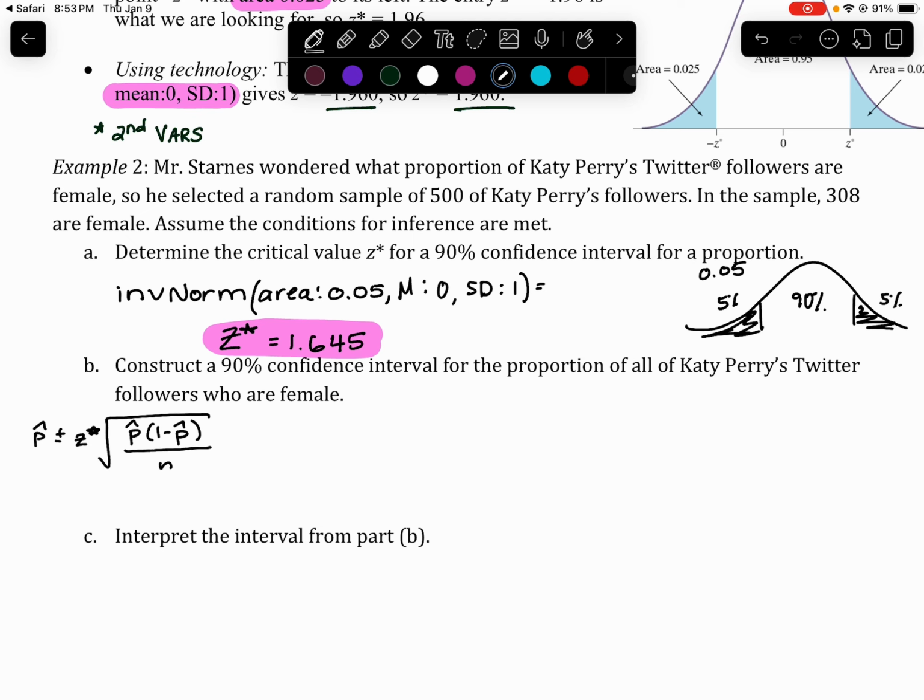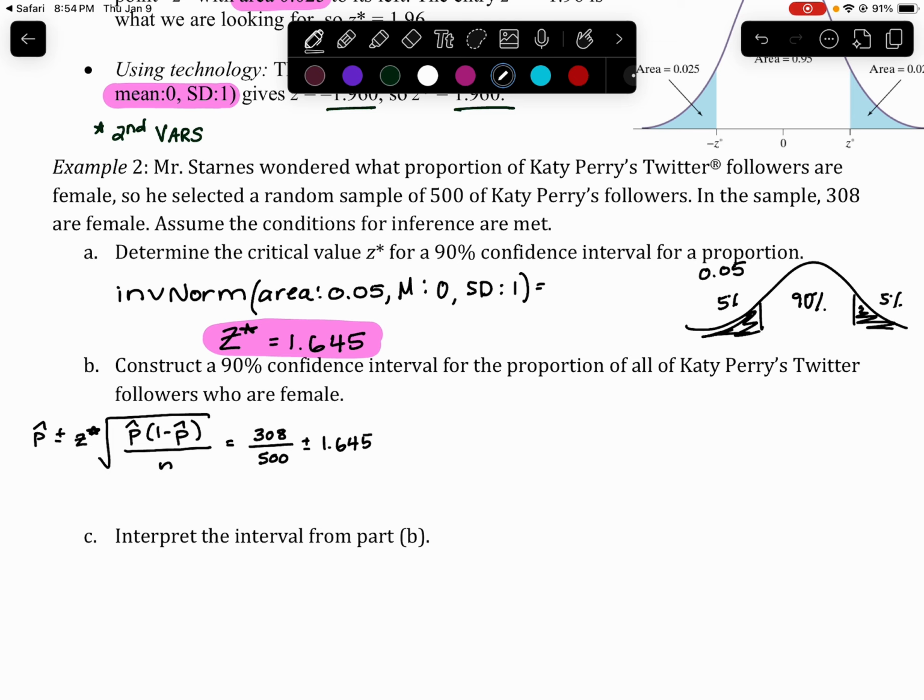All right, so our p hat value, if you remember, that's our proportion. There are 308 female followers out of the total 500 that they sampled. Then we add and subtract, because remember, we want this confidence interval, so we want the low value and the high value. Our Z star value we just found to be 1.645.